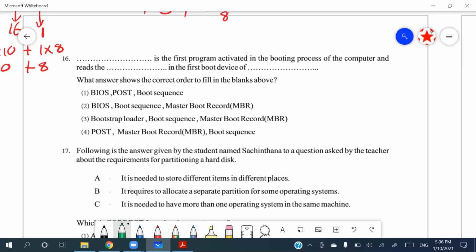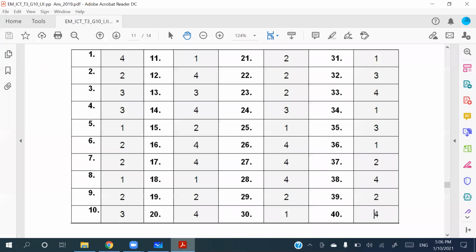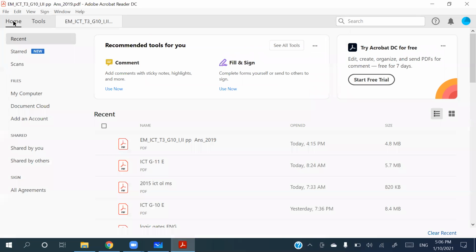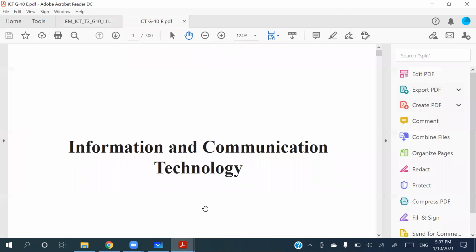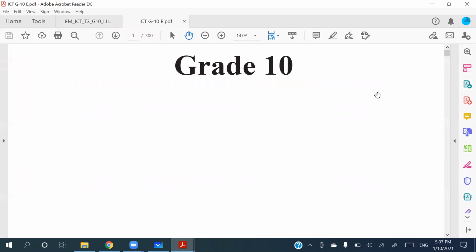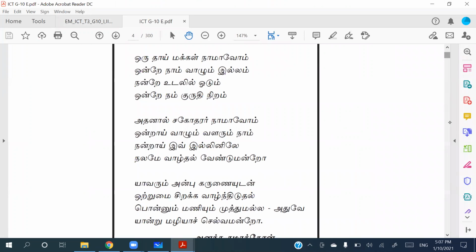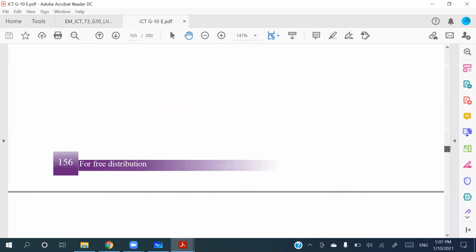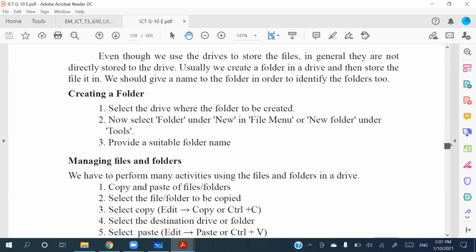It's better we refer to the book, because I'm a little bit confused about it. So let me take the grade 10 book. BIOS is first activated, then POST, then CMOS.